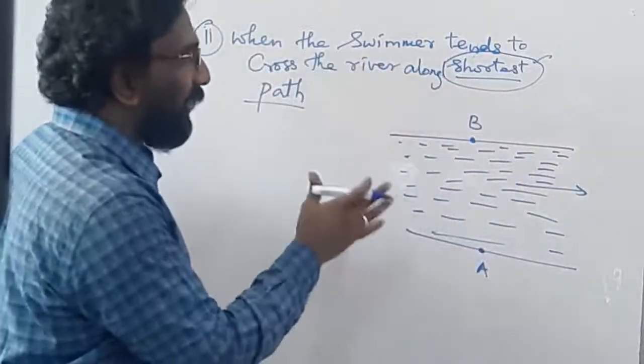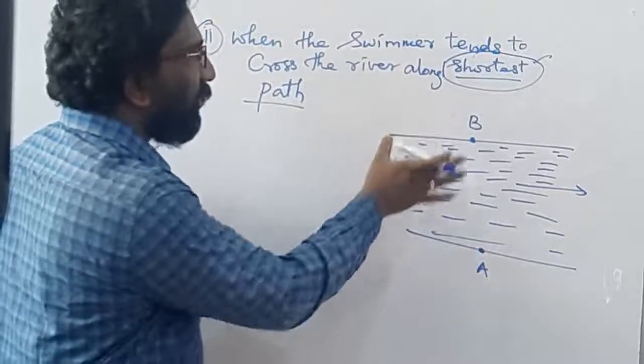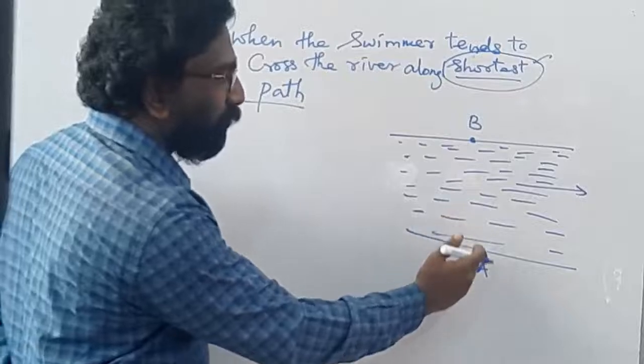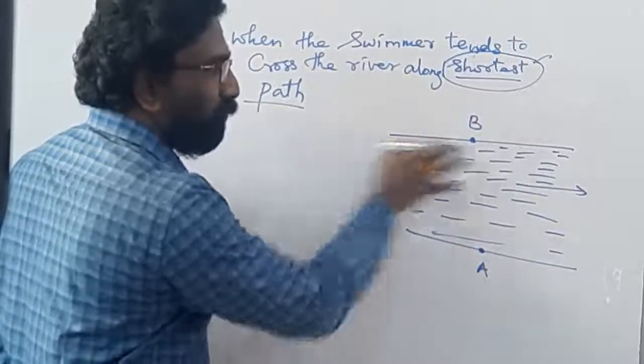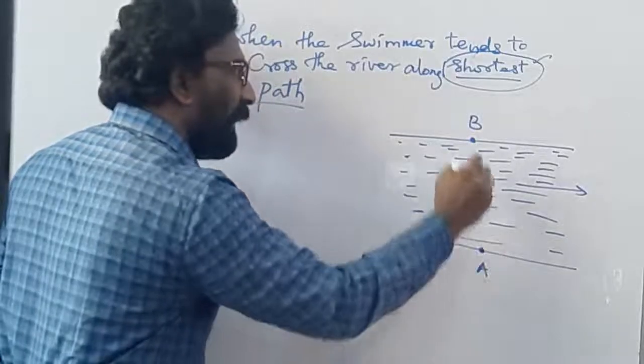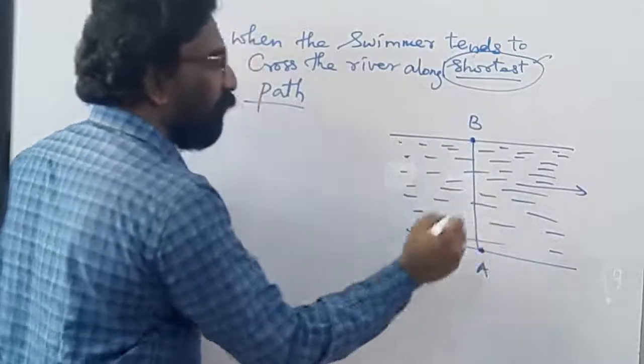and if he has to cross the river in the shortest path, the person, instead of trying to swim in a perpendicular direction to the flow of the river, should try to swim at an angle to this perpendicular direction of the flow of the river.